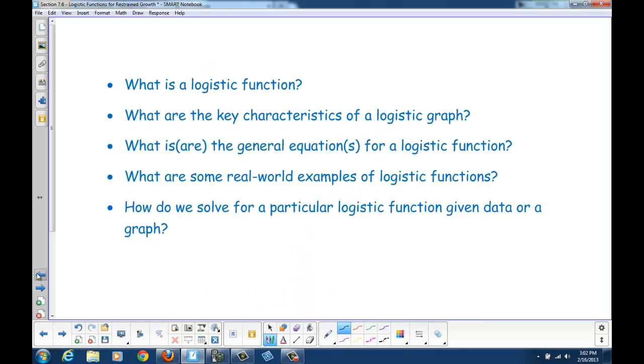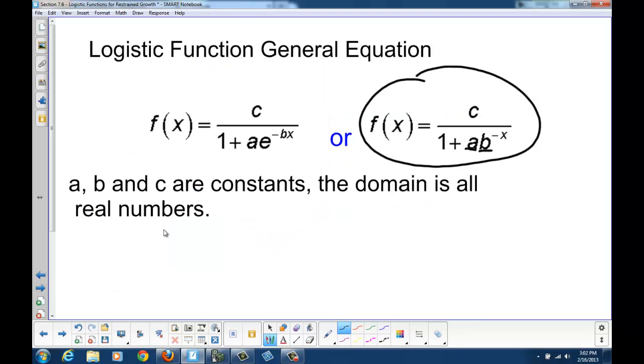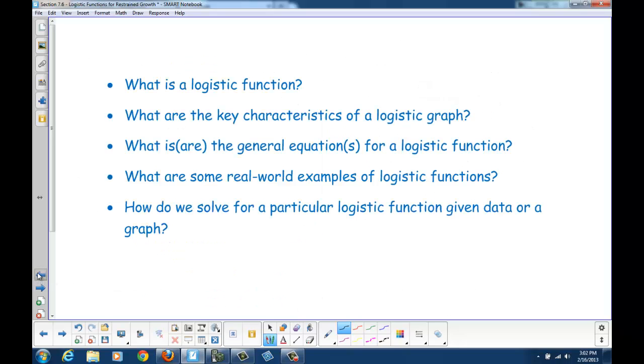What are the general equations for a logistic function? Here they are. f of x equals c over 1 plus ae to the negative bx, or f of x equals c over 1 plus ab to the negative x, where a, b, and c are constants and the domain is all real numbers. What are some real-world examples of logistic functions?